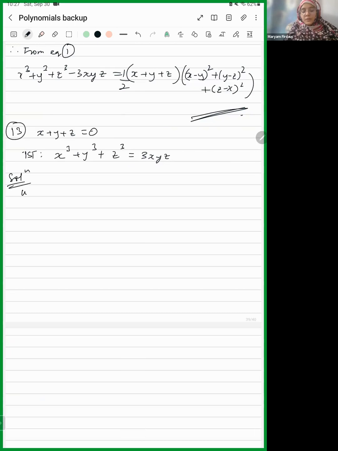We know that. Who will tell me what the identity was? Abdul Jabbar? What was our identity which we've been doing? Avni? Yes, ma'am. What was the identity?